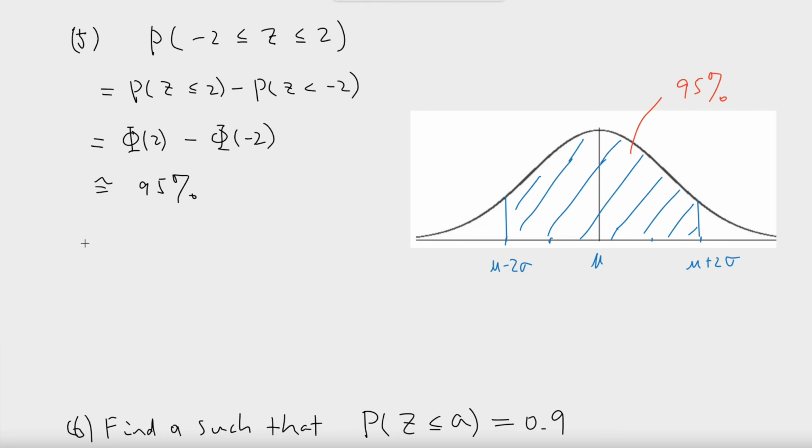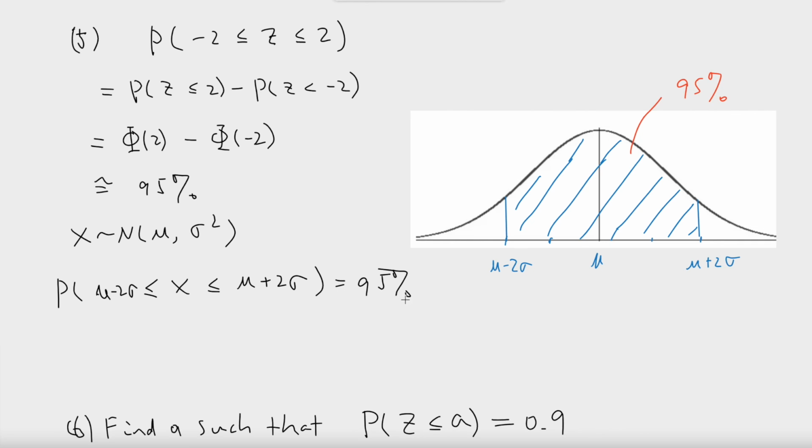Using the same argument as the previous example, if X is normally distributed with parameters mu and sigma, then the probability X is between mu minus 2 sigma and mu plus 2 sigma is 95%. In other words, the probability that X is within 2 standard deviations of the mean is 95%.